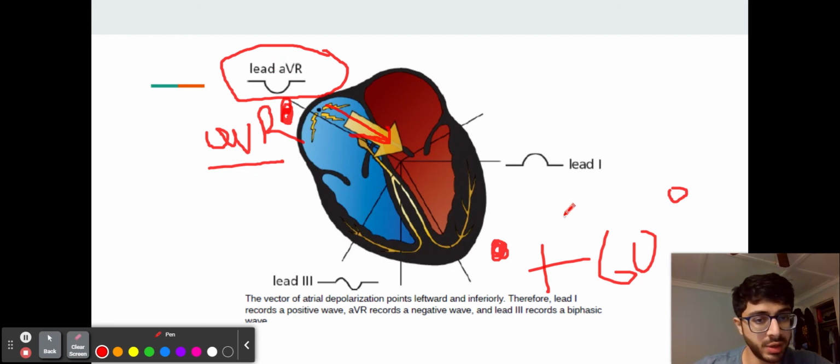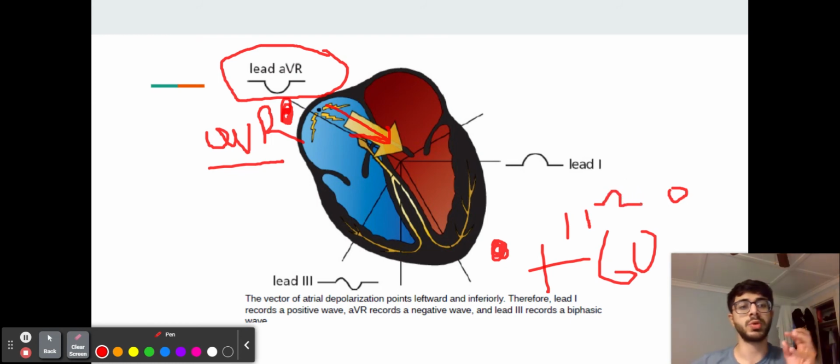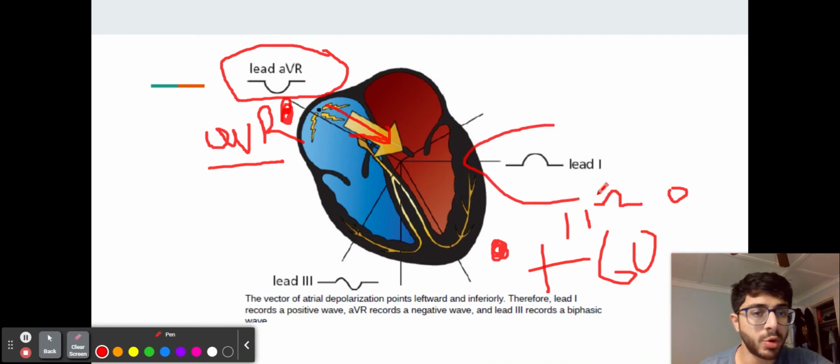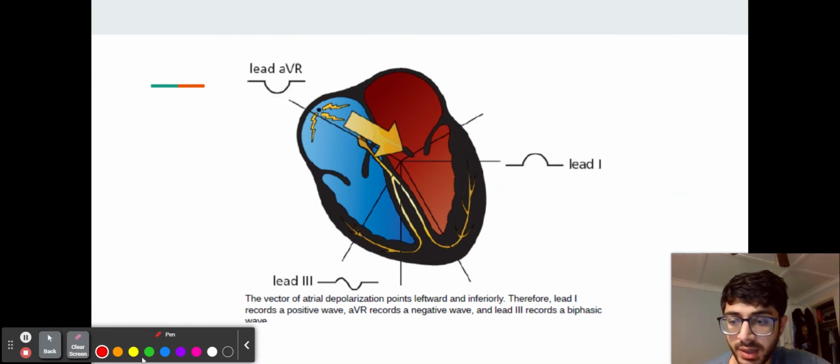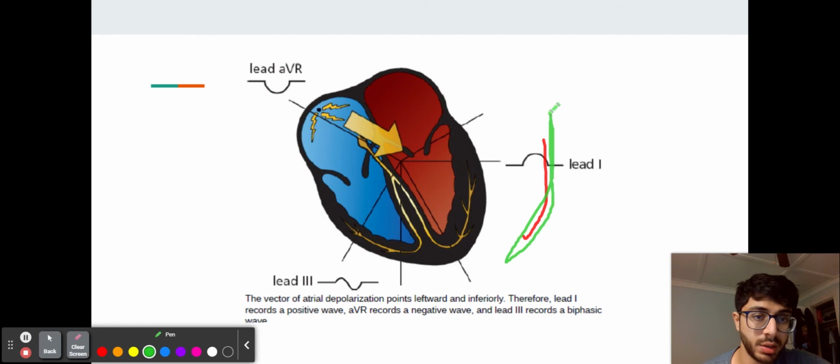Similarly, if you looked in lead 2, you would see a purely upright P wave. That would be expected because lead 2 is looking at the area where the P wave is coming. If you looked at lead 1, that would also give you an upright P wave, because you're in this direction. Any lead where I'm marking with green will be giving you a positive P wave.